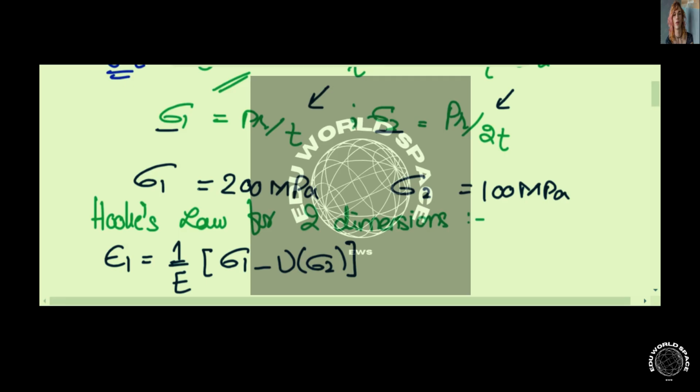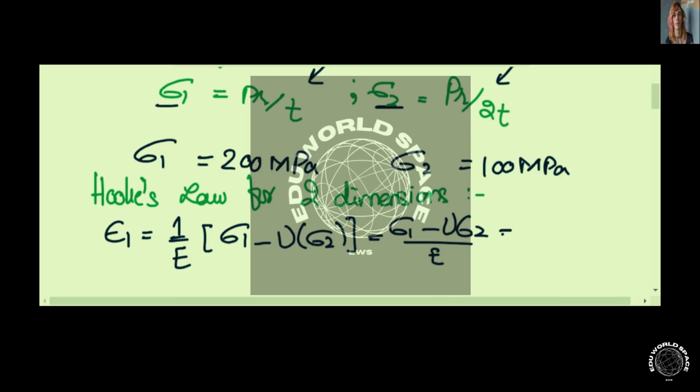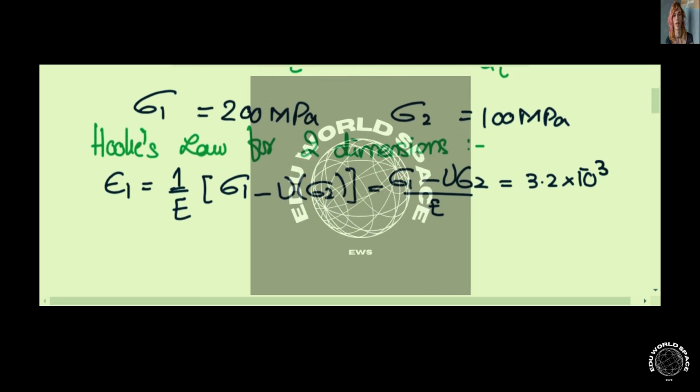And if we simplify it, we'll get that it is equal to sigma sub 1 negative epsilon times sigma sub 2 divided by E, right? Just plug in the values and we get that it is equal to 3.2 into 10 raised to power negative 3. Then we need to find out the value of epsilon sub 2. So again, we'll write the Hooke's law equation for this, and this would be sigma sub 2 negative epsilon times sigma sub 1, right?